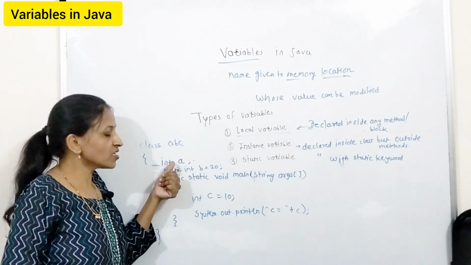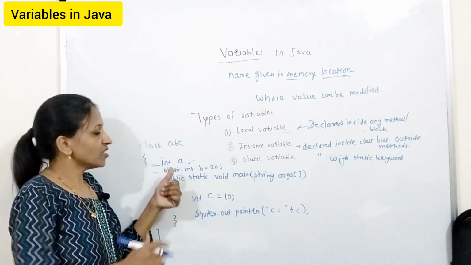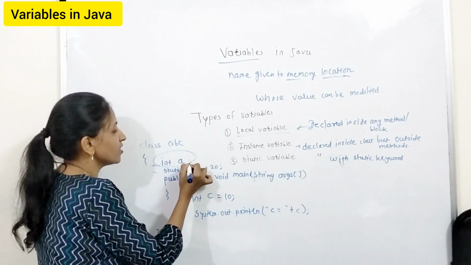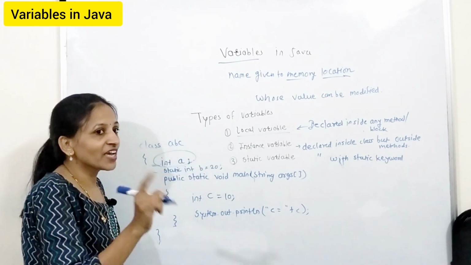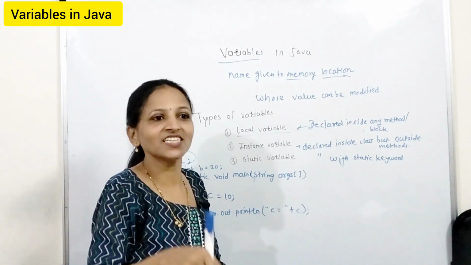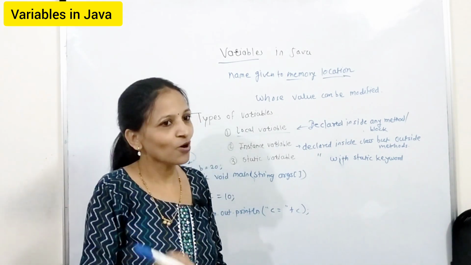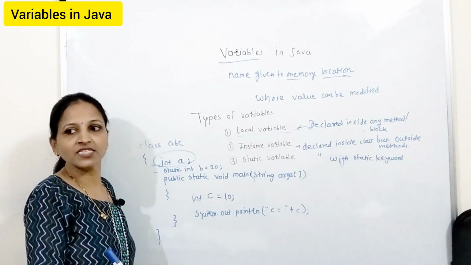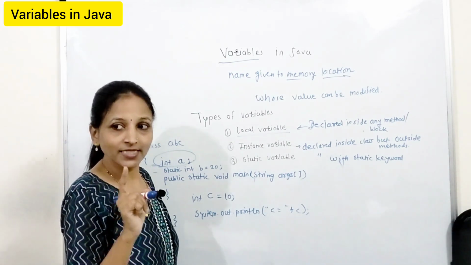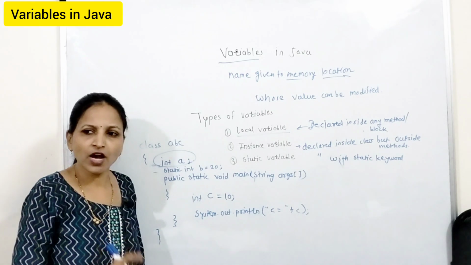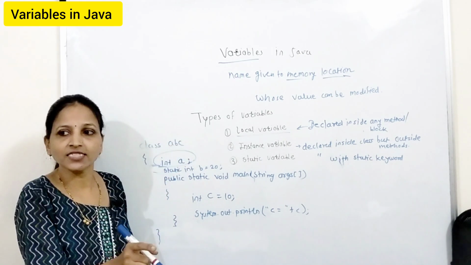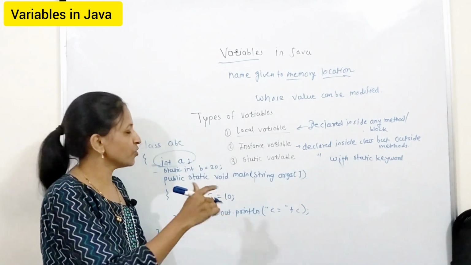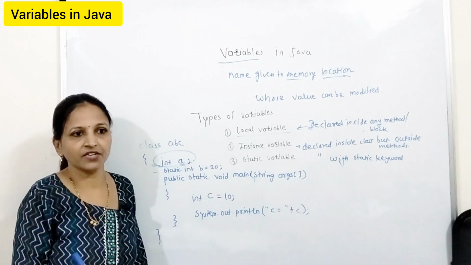Because there is a different copy of A for each and every instance of that class, that is nothing but an object of that class. That's why these are called instance variables. If you want to access an instance variable, then you have to create an object of that class, and using object dot only you can access that instance variable.